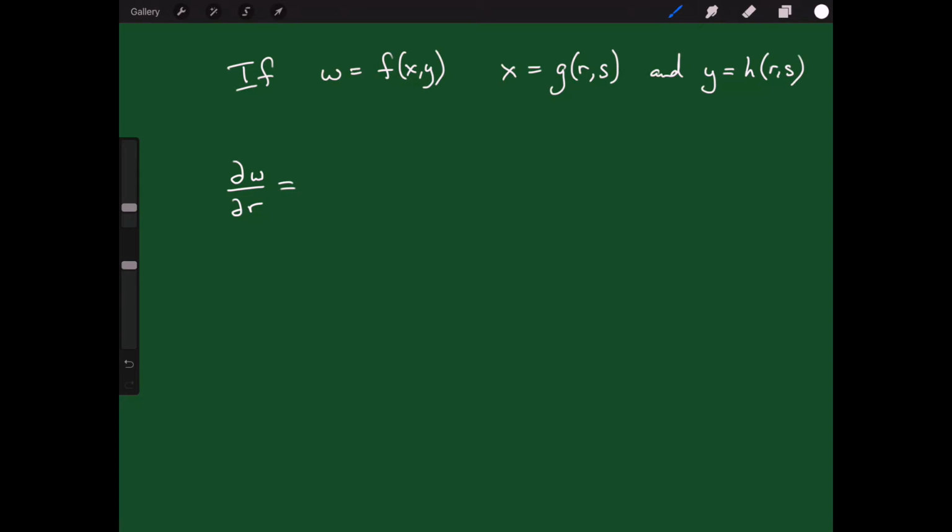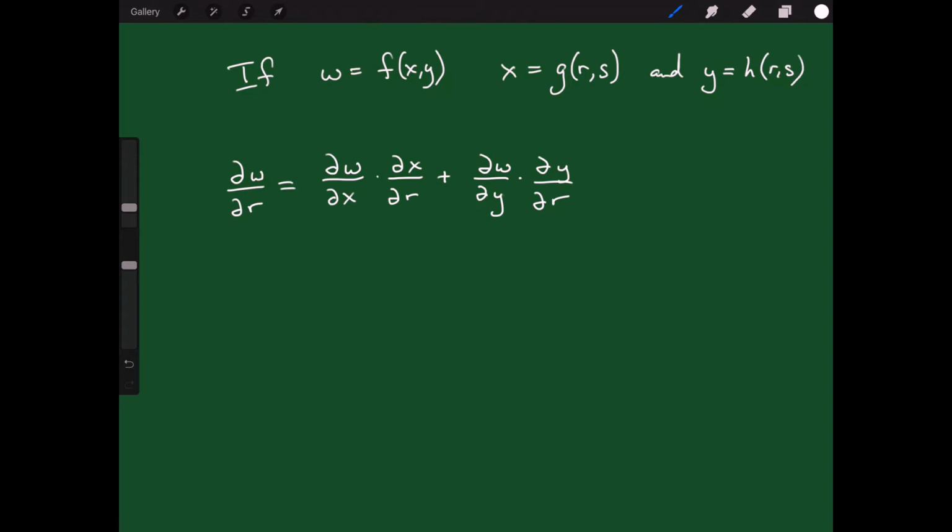And the way that we would do that is we would take the partial of w with respect to x, and then multiply that by the partial of x with respect to r, plus the partial of w with respect to y times the partial of y with respect to r.